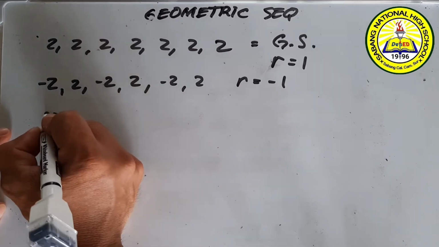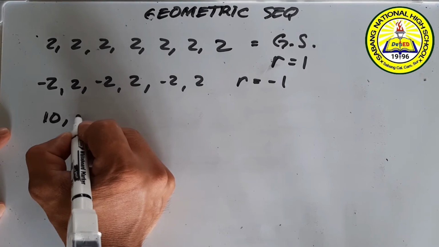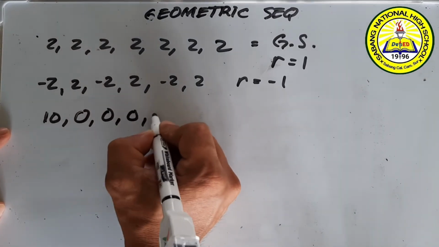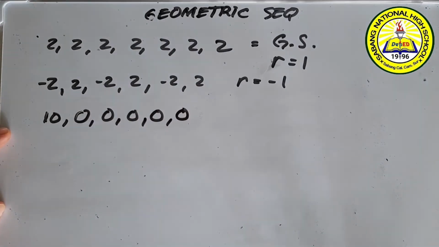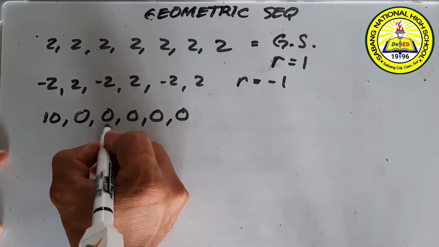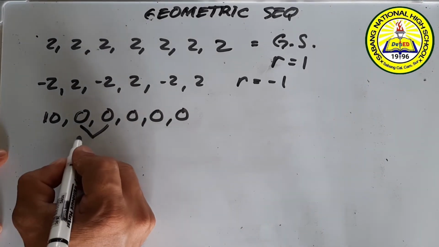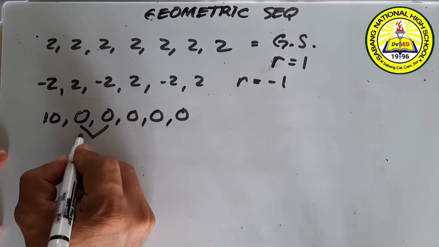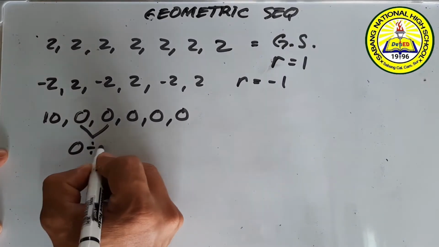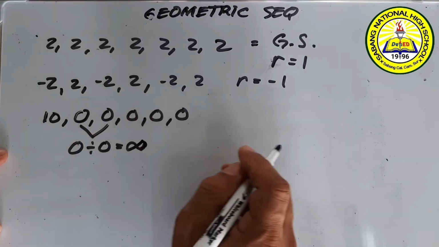Therefore, if the common ratio is 0, I'm sorry, the succeeding terms will become 0, 0, 0, 0, 0. This cannot happen as a geometric sequence because if you are going to find the ratio between the third and the second term, you are going to have 0 divided by 0, which is undefined or infinite.